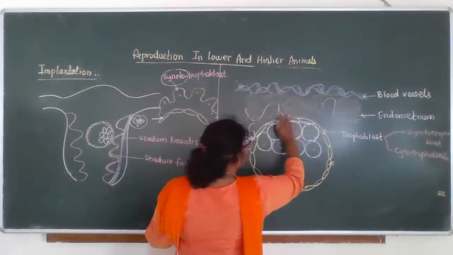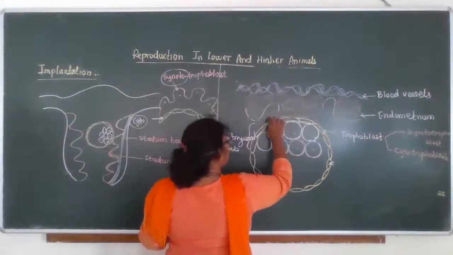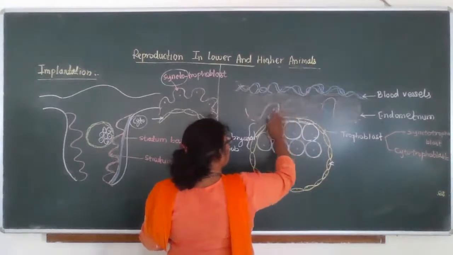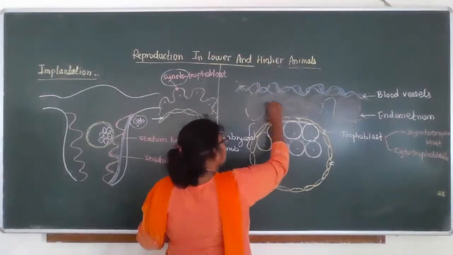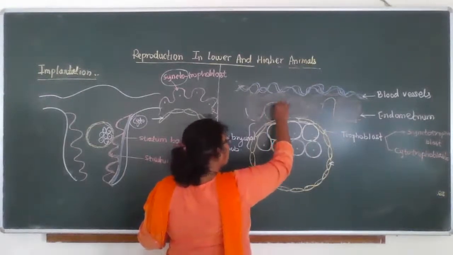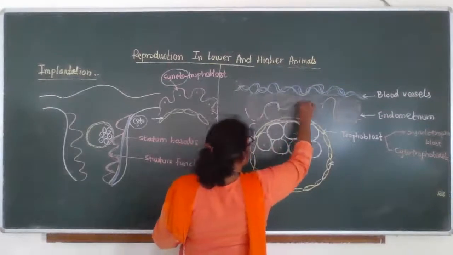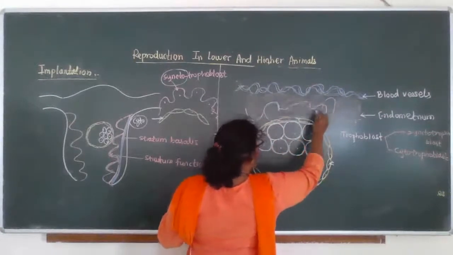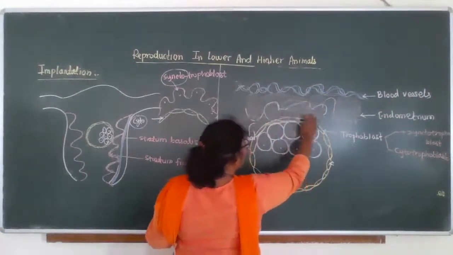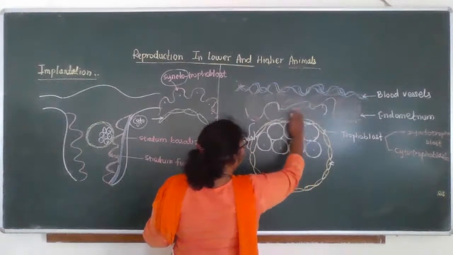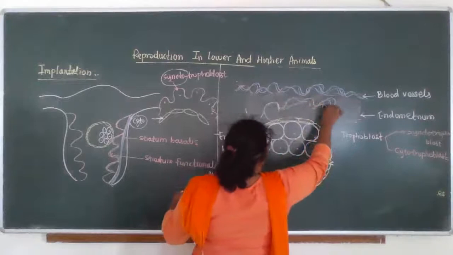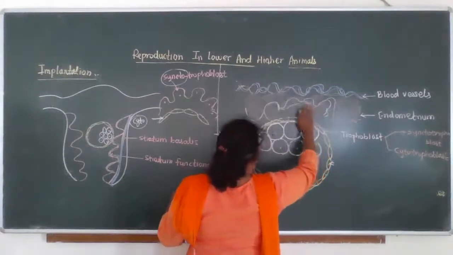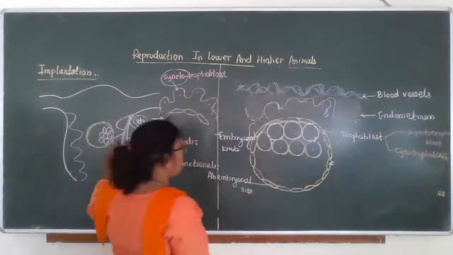These thin trophoblastic cells try to invade. Okay, they enter inside. They release lytic enzymes, and because of these lytic enzymes, they penetrate and make a gap or pit inside the endometrium, and it keeps moving.